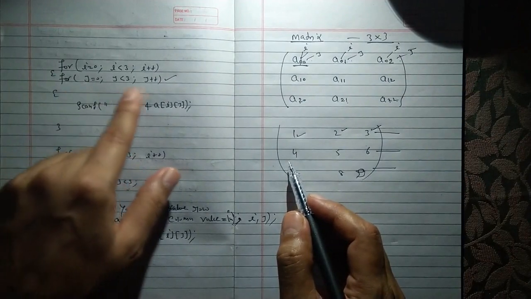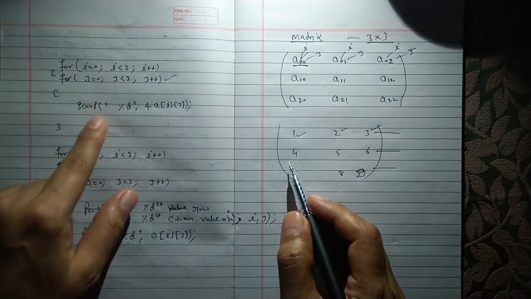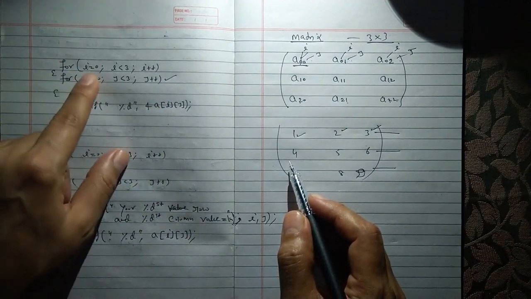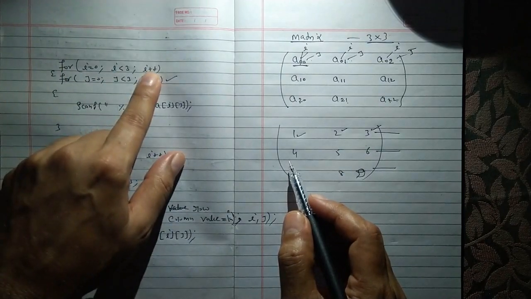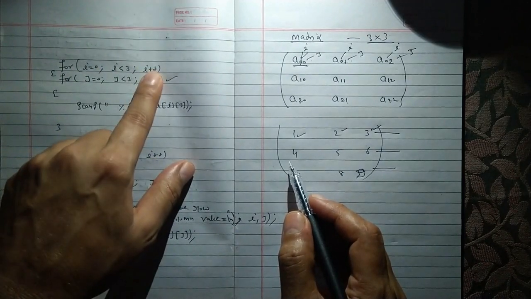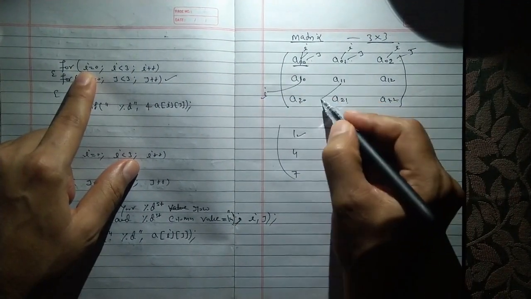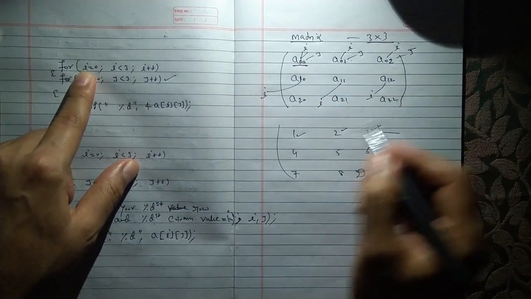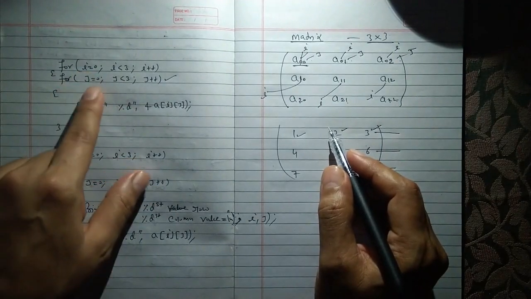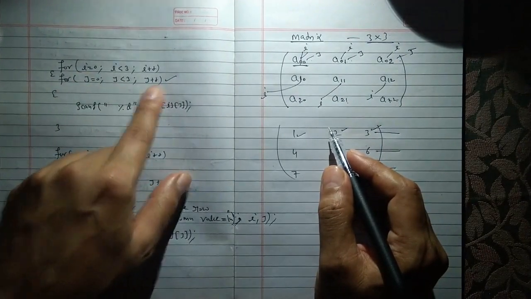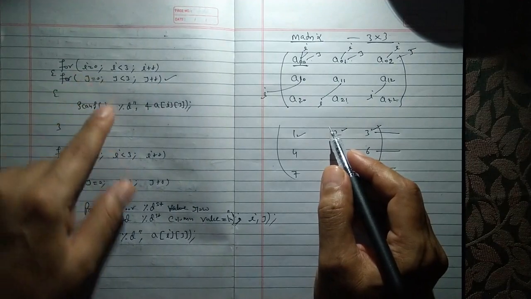Then once this loop has finished, it will come again here. Now you will increase i, i++ means i = 1. Now j = 0, j < 3, j++. So this loop will also work 3 times.